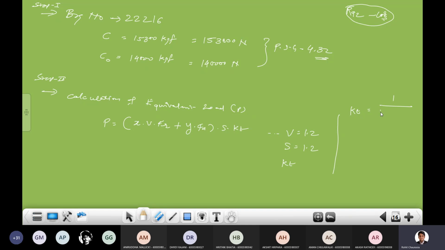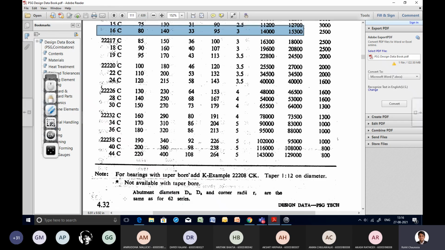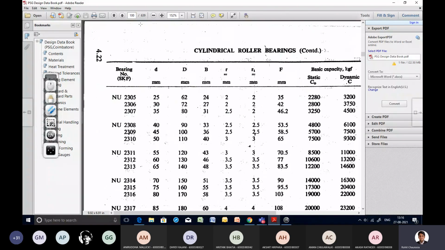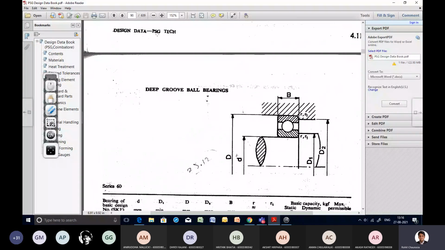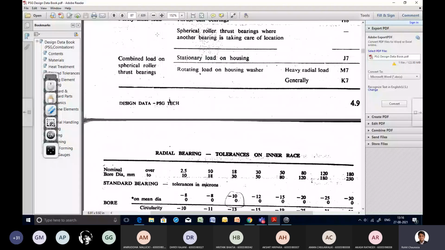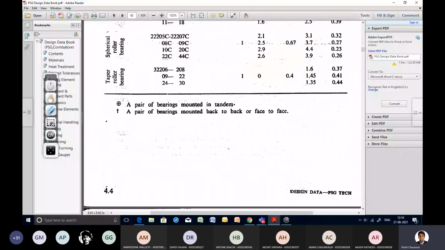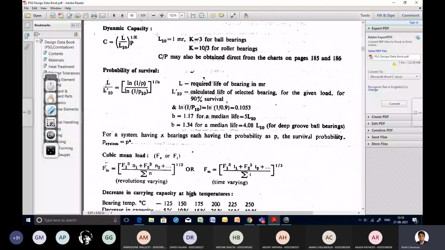KT is nothing but 1 upon 1 minus percentage decrease in capacity. So that KT का value क्या होएगा? We need to check that, 1 upon 1 minus percentage decrease for temperature equal to 140 degree. 140 के लिए we need to check the PSG, at page number 8. ठीक है.